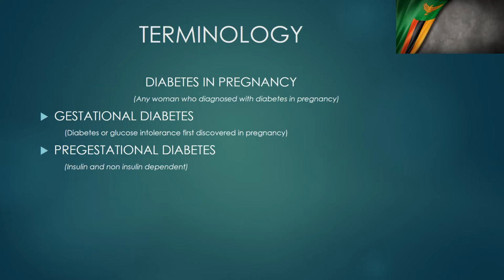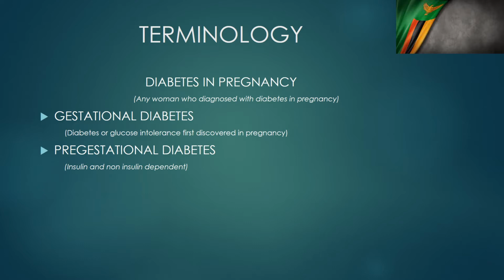So there's been a lot of confusion in terminology on what we should call gestational diabetes. Some people would say it's a second trimester disease, and if we find glucose intolerance in the first trimester, we shouldn't call it gestational diabetes. There's overt diabetes, pre-existing diabetes, pre-gestational diabetes.